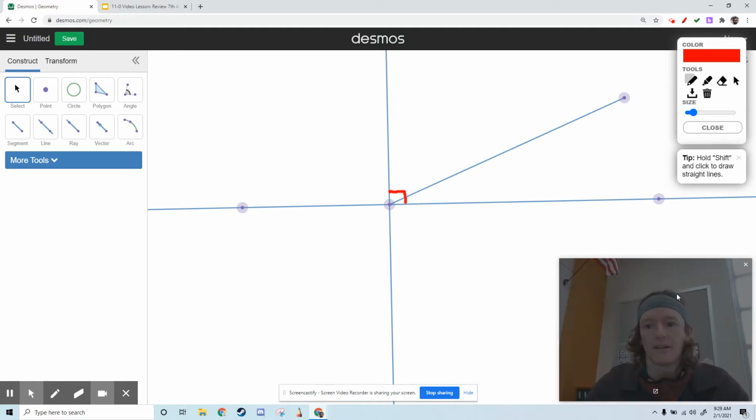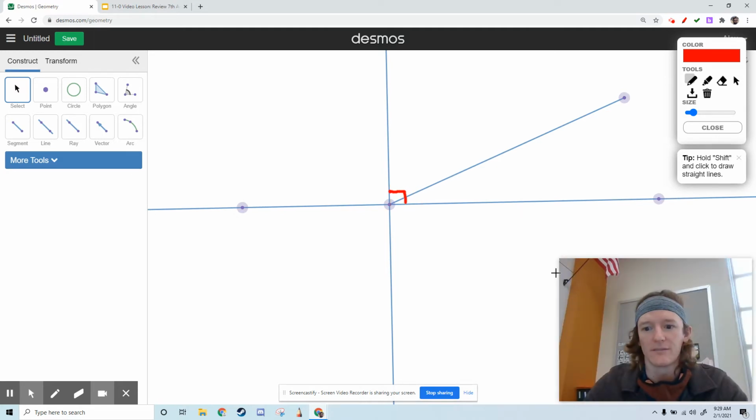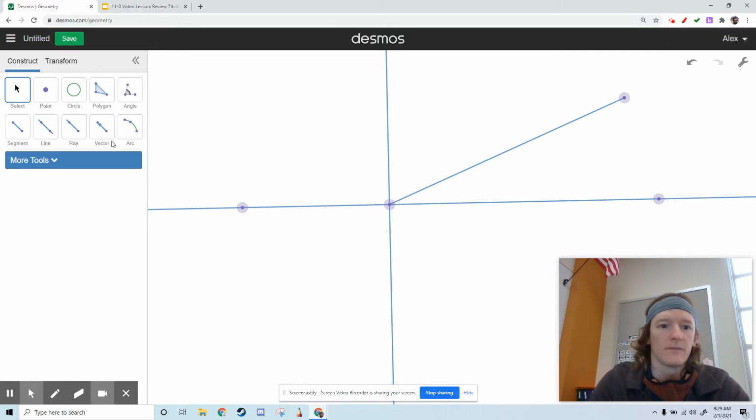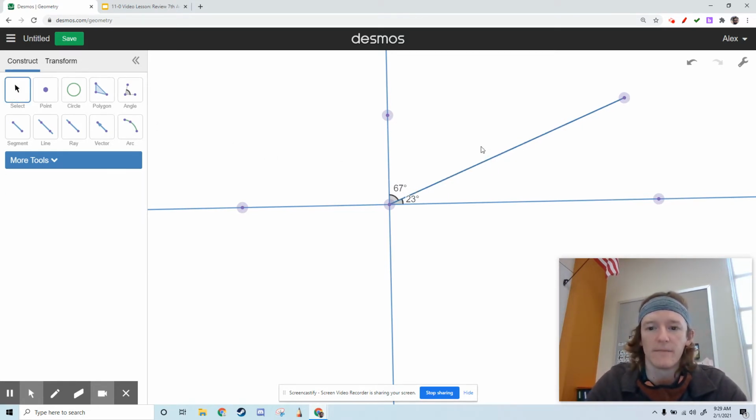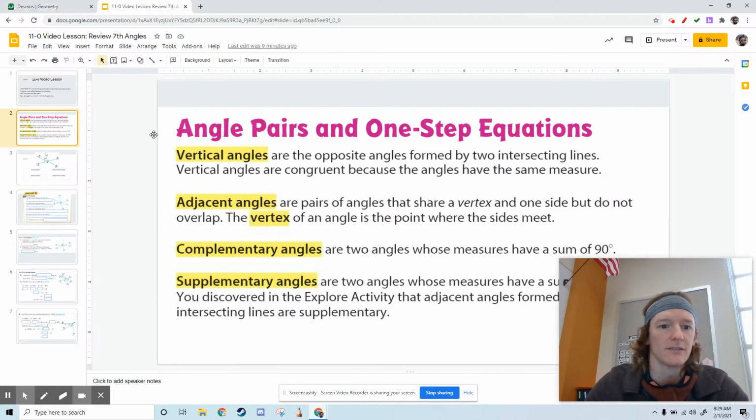Like the corner of my video screen right here has a perpendicular angle. It's 90 degrees. So if I get my angle measure tool out and measure this angle along with this angle, 67 and 23 are complementary angles.